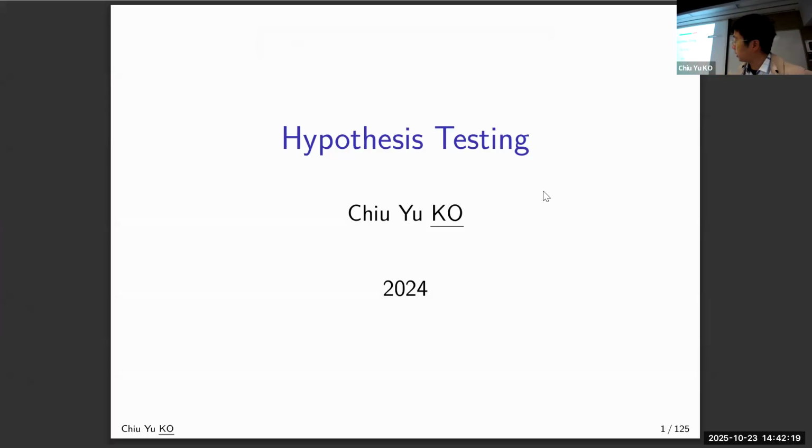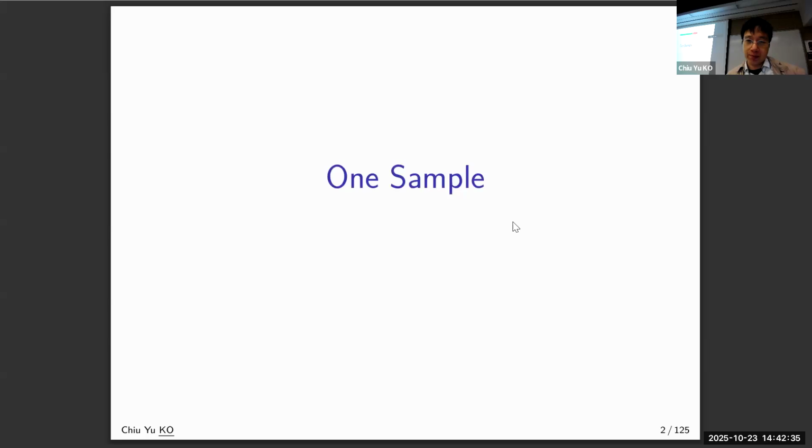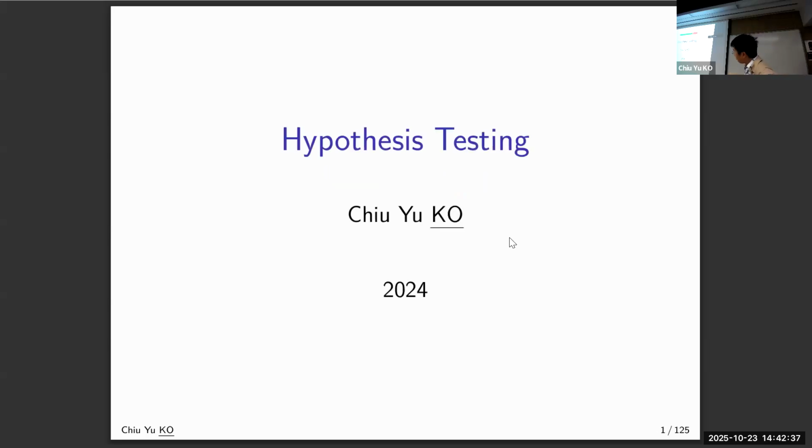Chapter 6, hypothesis testing, is not too far away. So don't worry. In chapter 4 you already understand the foundation is there. And chapter 5 and chapter 6 are very similar. Later you will see.